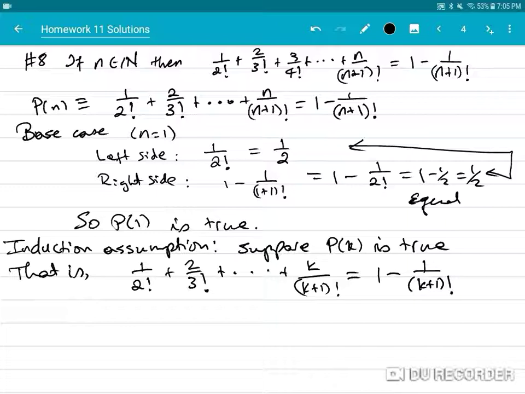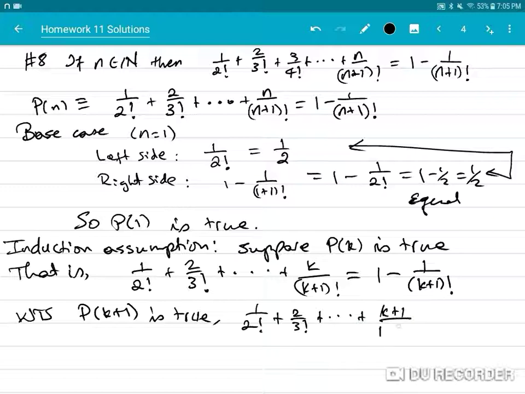Suppose this is true. Then we want to show that P of k plus 1 is true. This means that we want to show that 1 over 2 factorial plus 2 over 3 factorial plus ... plus k plus 1 over k plus 1 plus 1 factorial equals 1 minus 1 over k plus 1 plus 1 factorial.